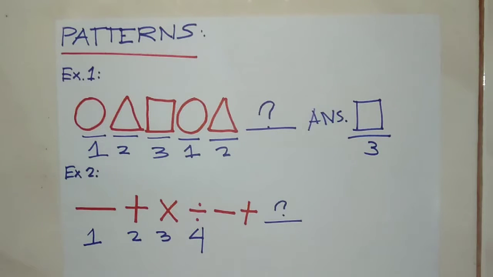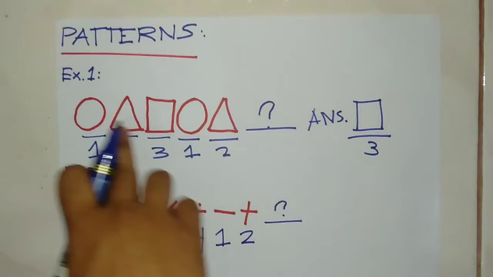So, for example number 2, as you can see, I labeled it 1, 2, 3. And then we have some mathematical signs here, which is the minus, addition, multiplication, division, and then goes back to the negative or the minus sign. So, I will label it here 1 and 2.